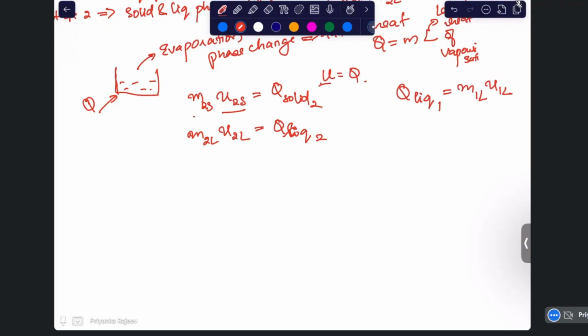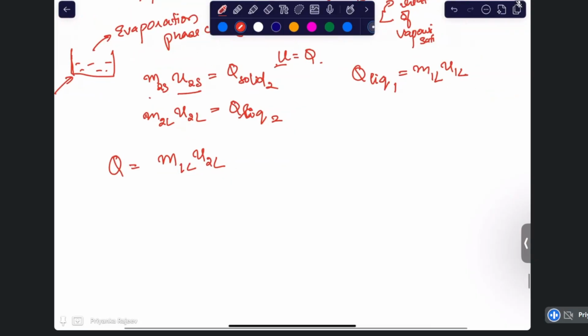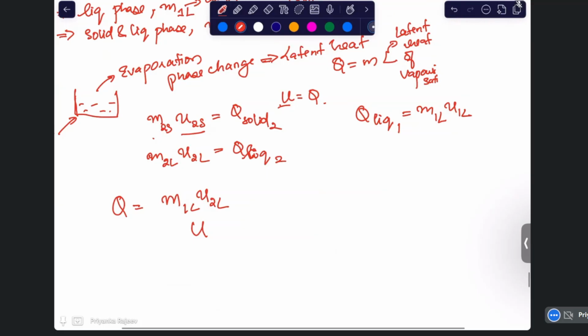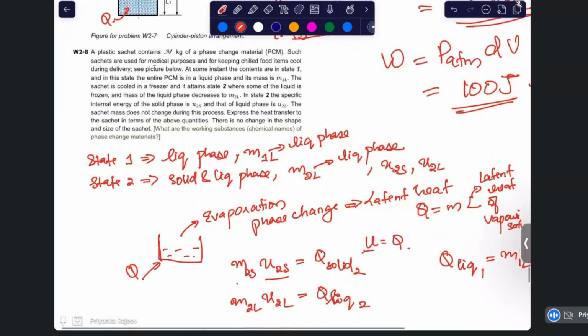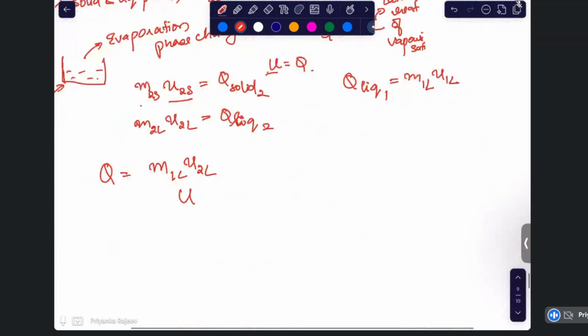Okay, so you can see it in this manner. The total heat transfer that has happened can be written in terms of M1L and U2L. Why no different U is given for the first state is because the internal energy of that liquid is staying the same, since the temperature is maintained.